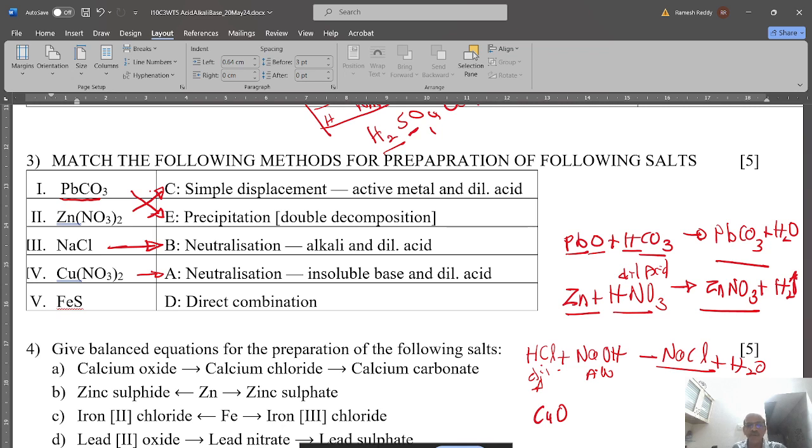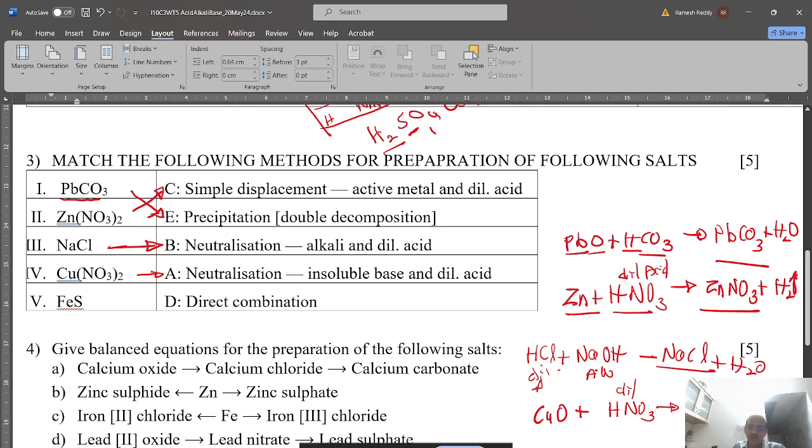And the dilute acid is dilute HNO3. When you take this, you will form copper nitrate, Cu(NO3)2, since copper's valence is 2, I am going to write it like that. And H2O is remaining. So the copper and nitrate will form copper nitrate and H and O will form water.